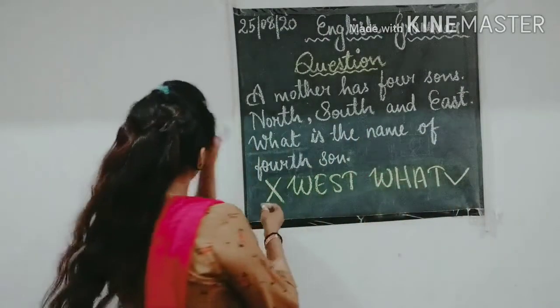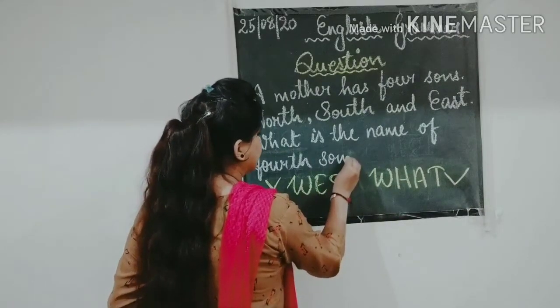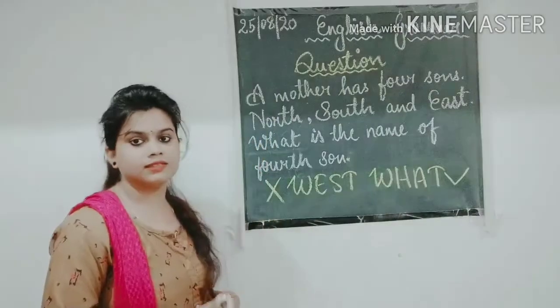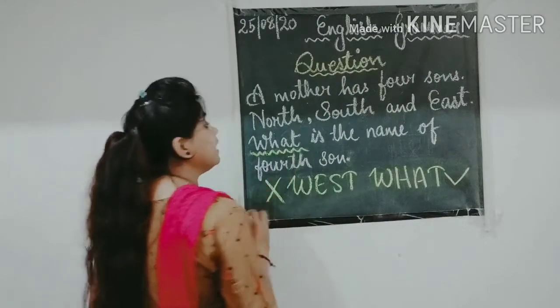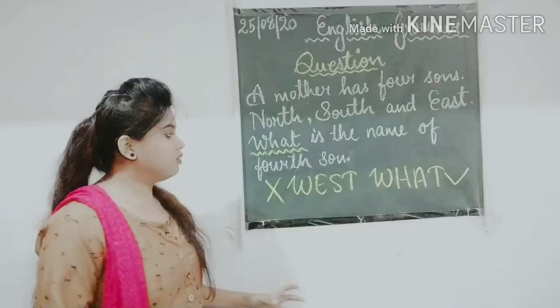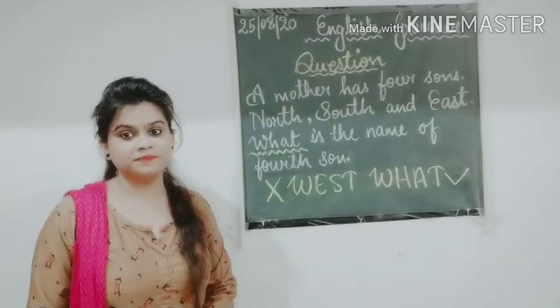See here. If you notice, the sentence ends with a full stop here. That means it is a complete sentence, and here what is treated as the name of the 4th son? Understood? Now you have seen the power of punctuation marks.